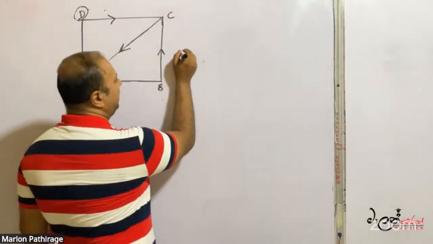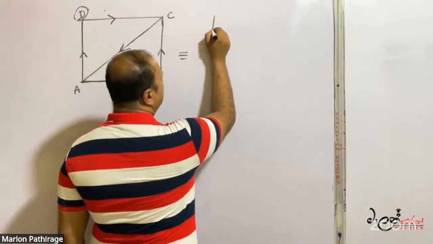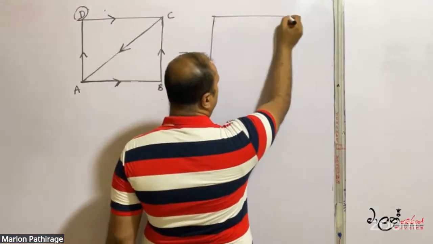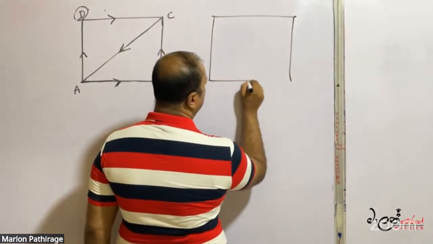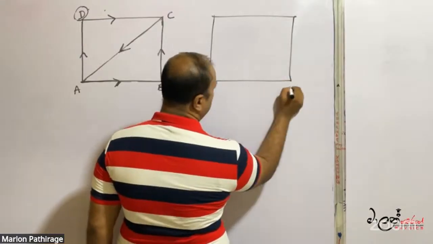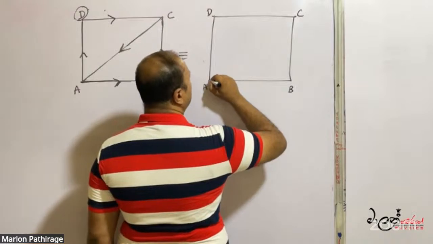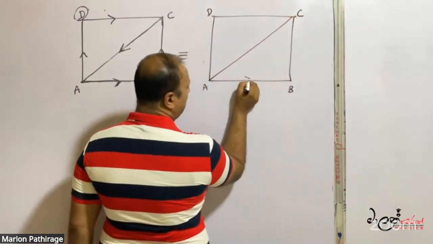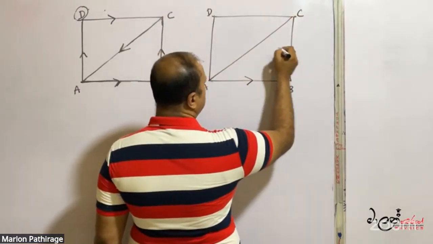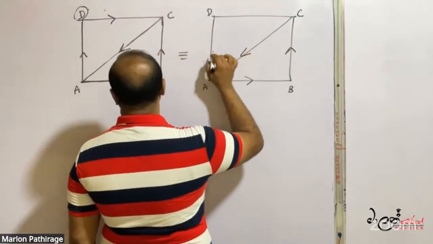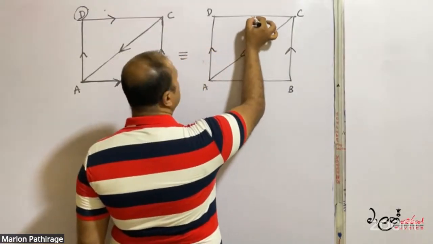Now, I can draw this again. Here, AB vector, BC vector, CA vector.